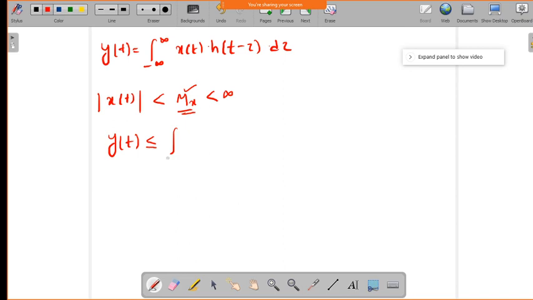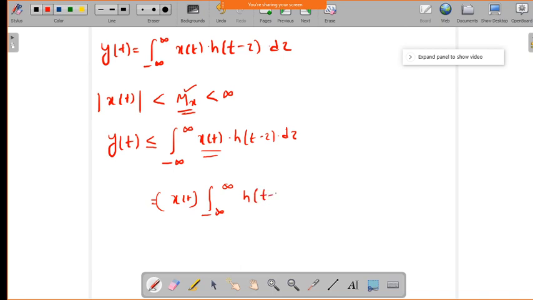So that will be less than or equal to the integral from minus infinity to plus infinity of x of t into h of t minus tau d tau. Now we know the input is bounded by some value Mx. So remaining is the impulse response.